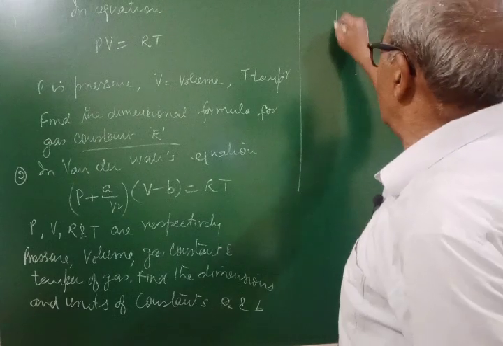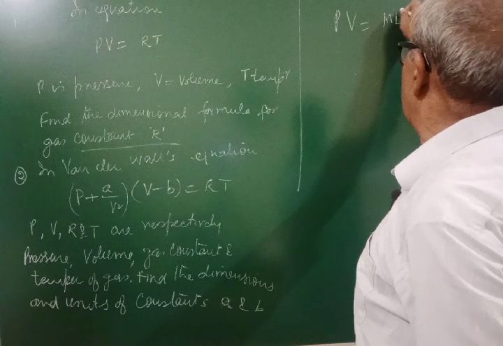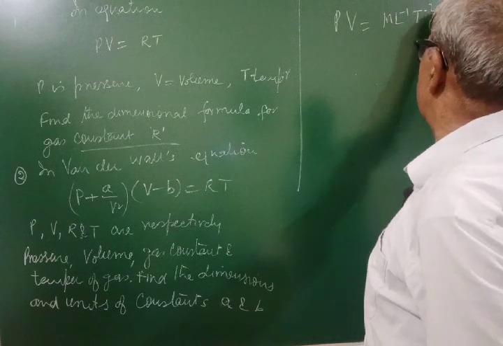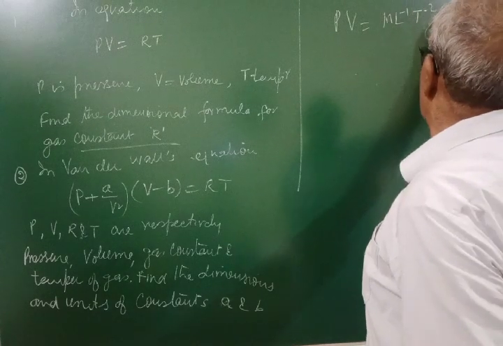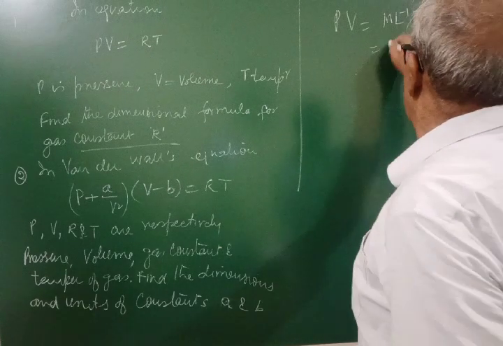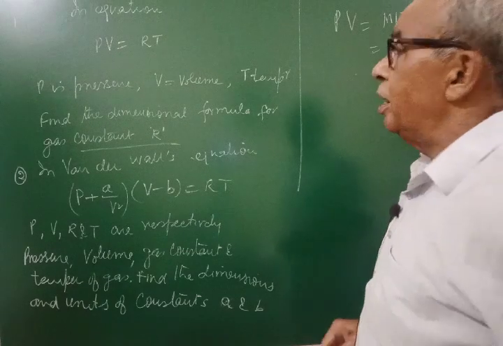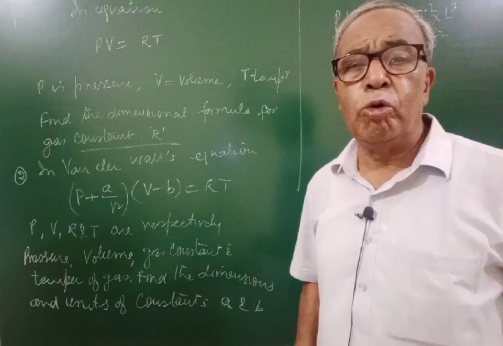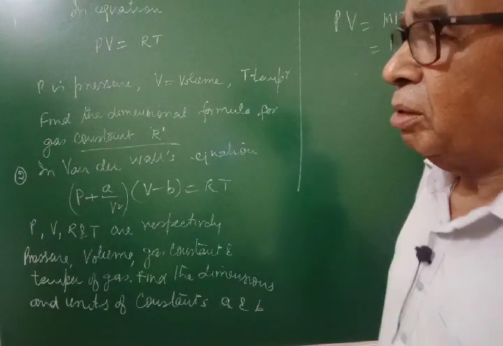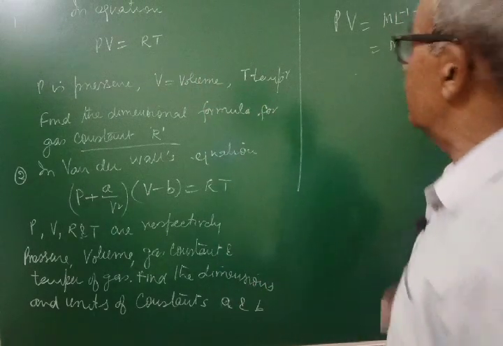Pressure into volume. Pressure has dimension of M L^-1 T^-2. Volume has L cube. Right? So it is M L^2 T^-2. And remember, where pressure and volume are multiplied, it will come out as the dimension of work.